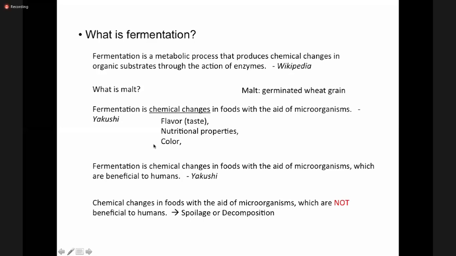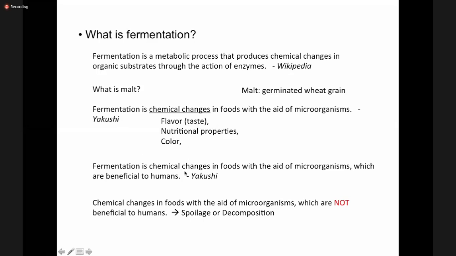If it looks good, it induces our appetite to eat the food. So chemical changes include many functions of foods: flavor, nutritional properties, and color. Microorganisms change such things.